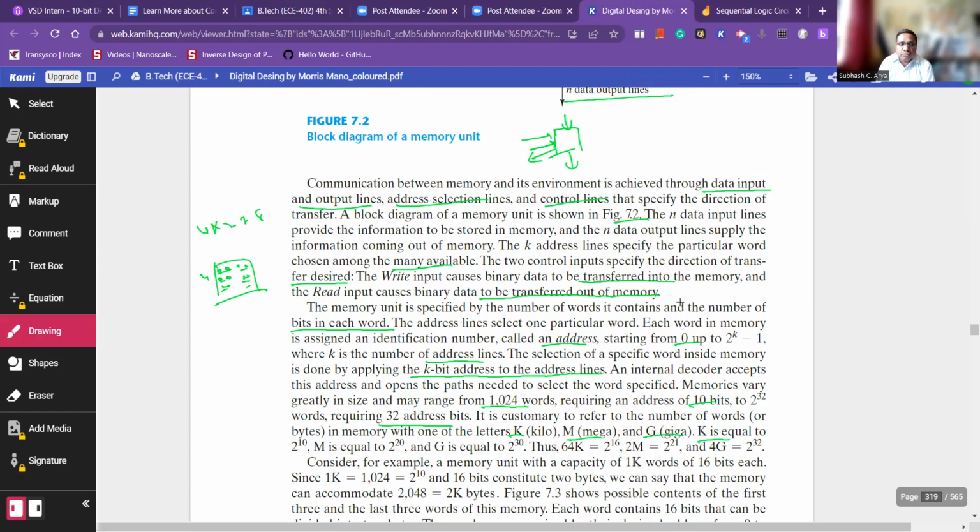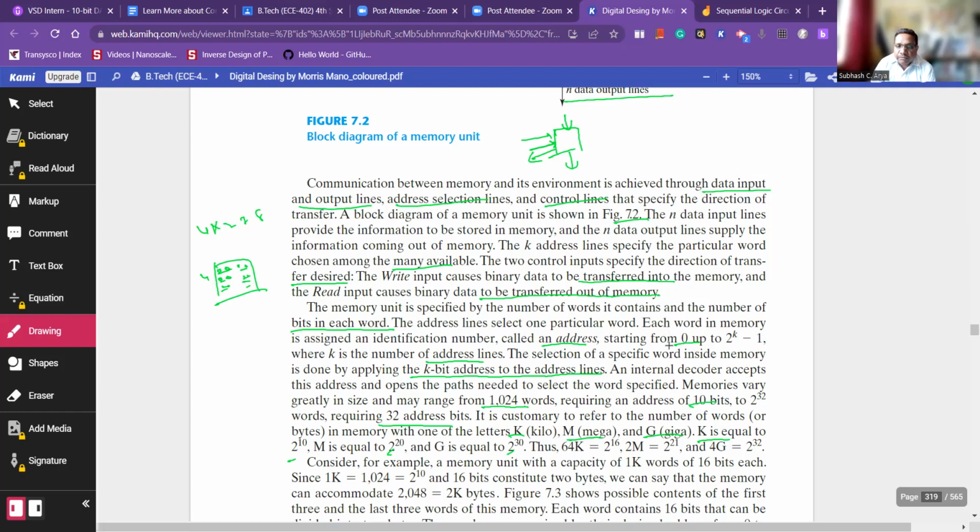K is equal to 2 to the power 10, M is equal to 2 to the power 20, and G is equal to 2 to the power 30. Thus, 64K is equal to 2 to the power 16, 2 megabyte is equal to 2 to the power 21, and 4 gigabyte is equal to 2 to the power 32 memory size.